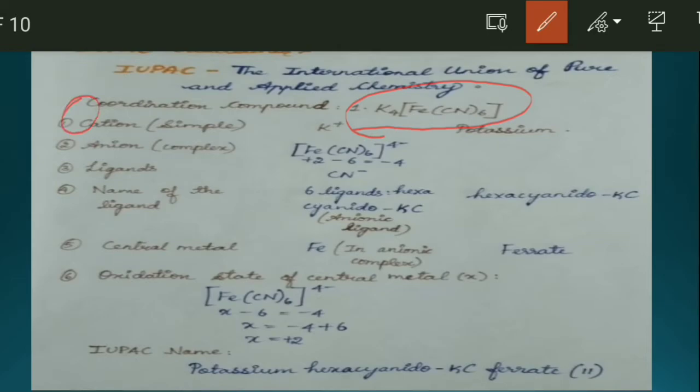So in this complex, we have to see which one is the cation. K+ is the cation in this complex, that is, potassium is the cation. Second, anion. We have to find out what is the anion in this complex. So the anion is the [Fe(CN)6] part. [Fe(CN)6]4- is the anion.